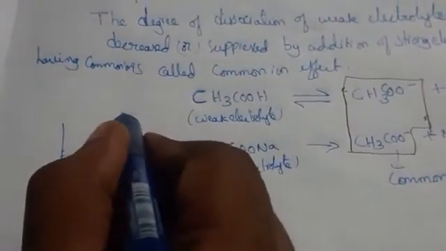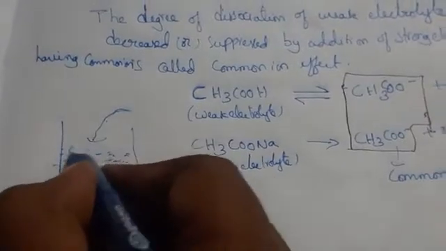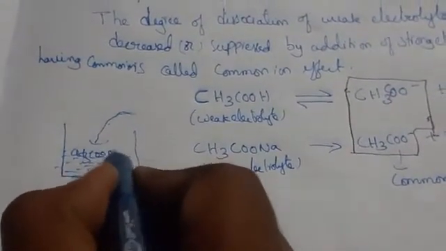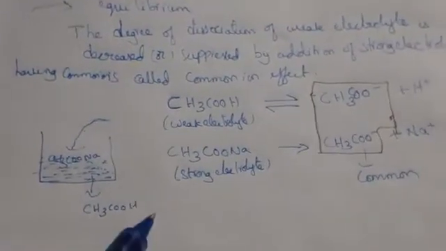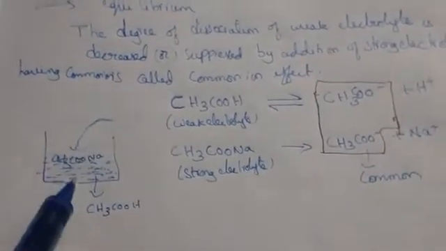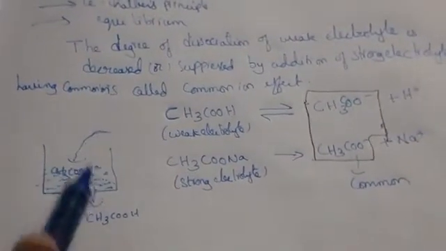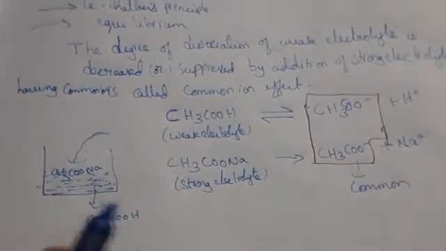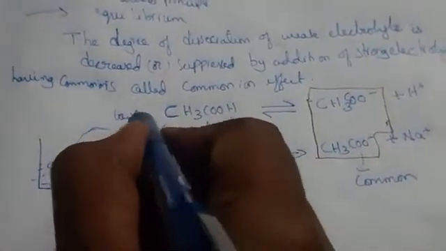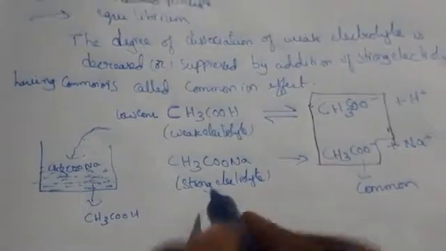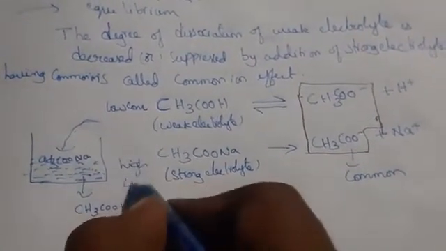When you add sodium acetate, CH3COONa, then what happens? When you add CH3COO minus, the concentration is increasing. The weak electrolyte has low concentration and the strong electrolyte has high concentration.